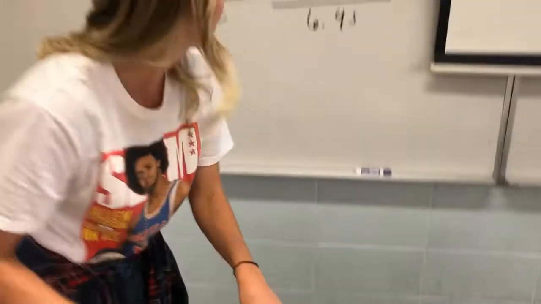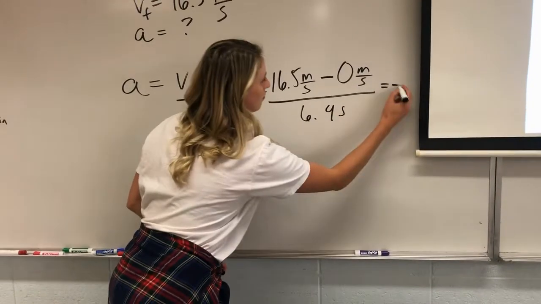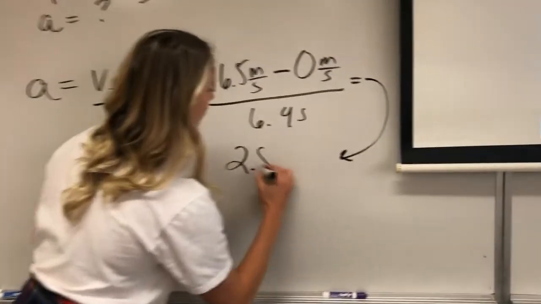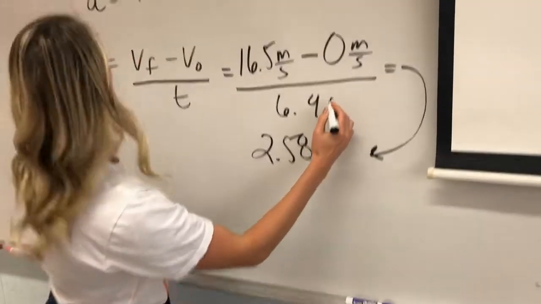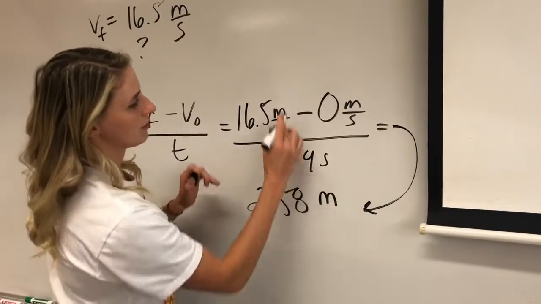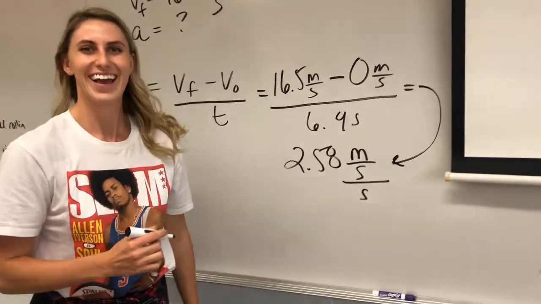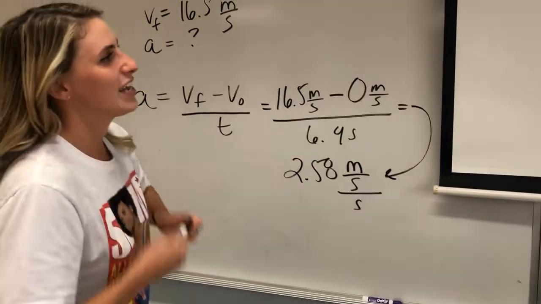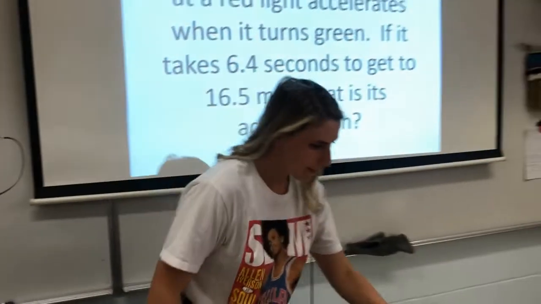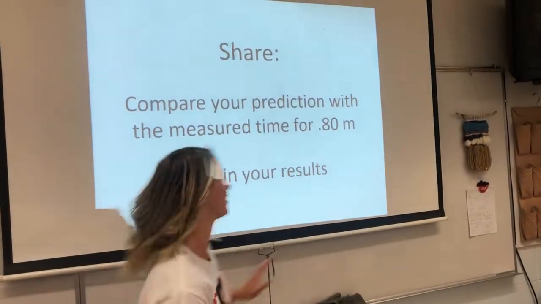I'm going to put it right here: 2.58, and we're talking about acceleration, so the units are meters per second. All right, let's move on now that we've refreshed our acceleration skills.